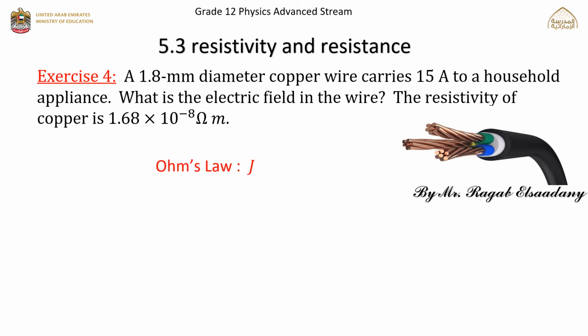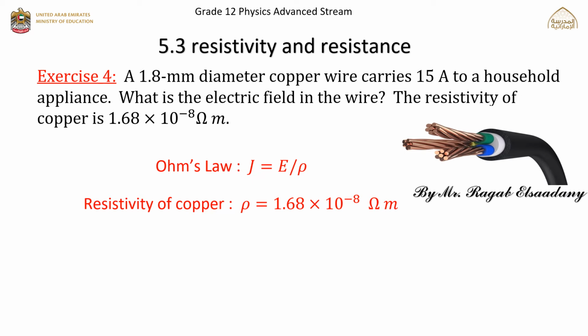Ohm's law states that J equals E over rho. Resistivity of copper, rho equals 1.68 times 10 power minus 8 ohm meter.